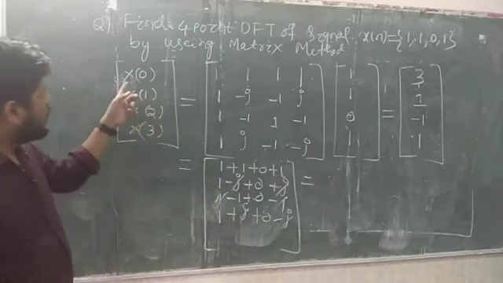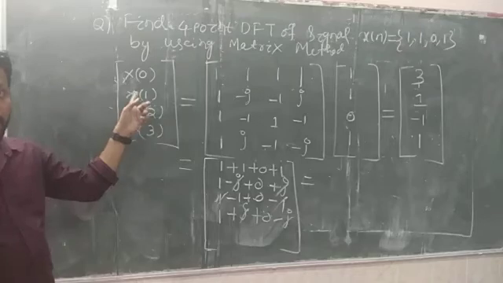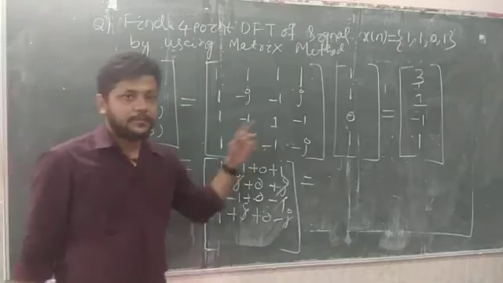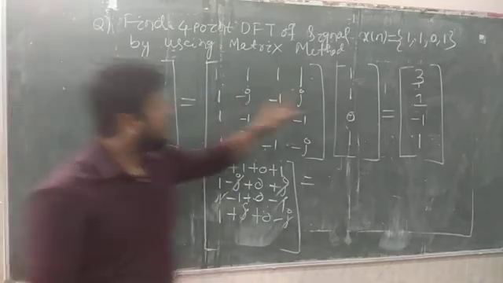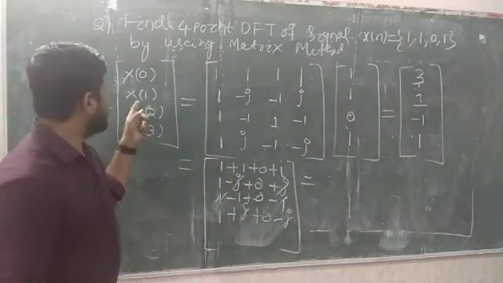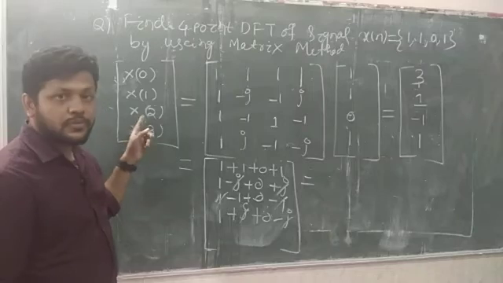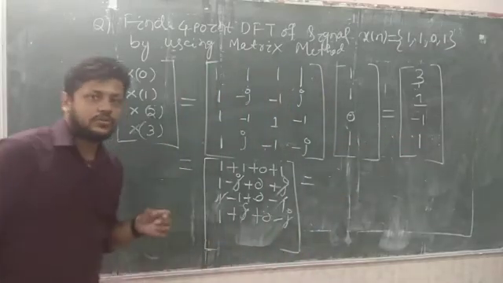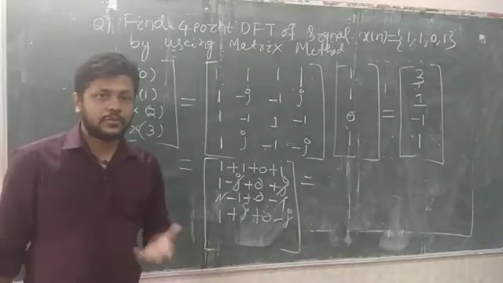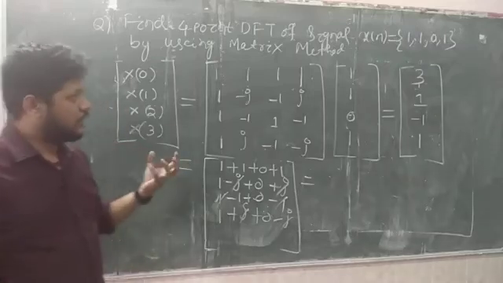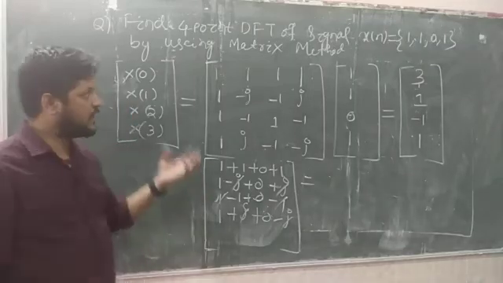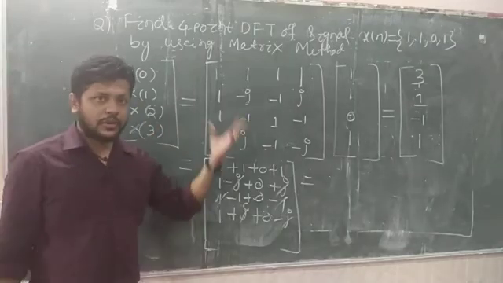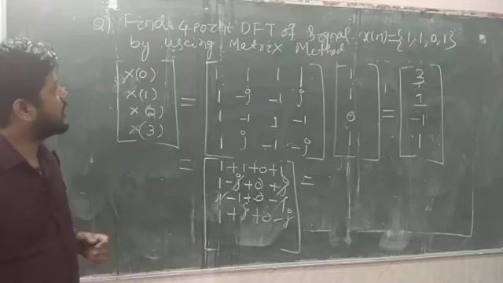Now if they ask what is the value of X(0), just multiply the matrix and you can see X(0) is 3. If they ask what is the value of X(2), then X(2) is minus 1. In the conventional method we have to solve by using the definition, but in multiple choice questions you have to solve by using this matrix method.